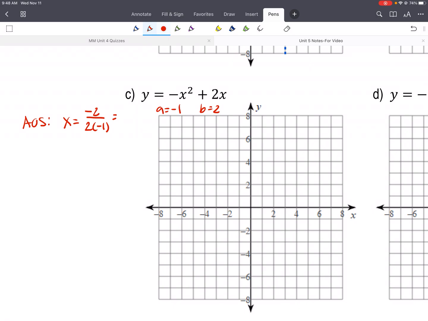So that will end up giving us 1. And then to find the y value, we just plug that in. So we'll do negative 1 squared plus 2 times 1, which gives us 1. All right, so our vertex is 1, 1.